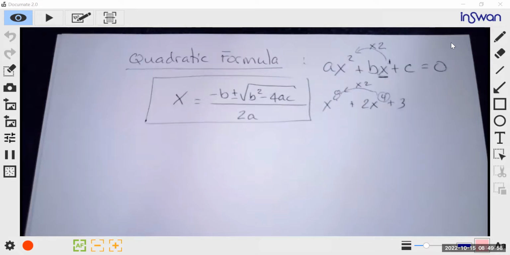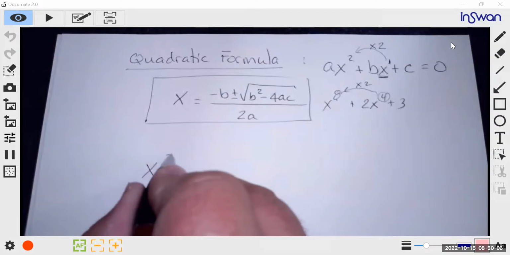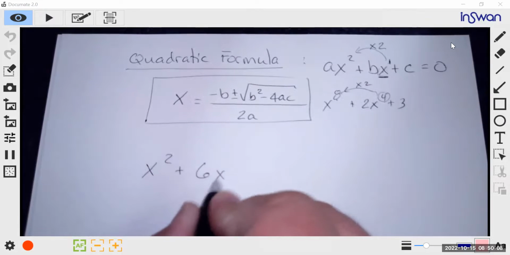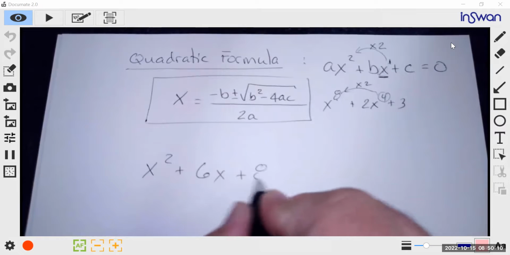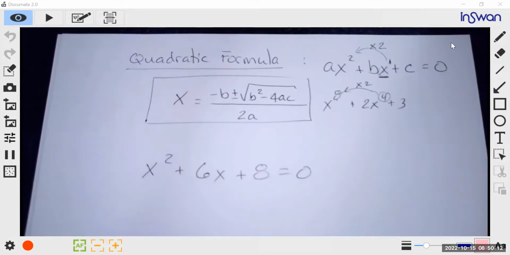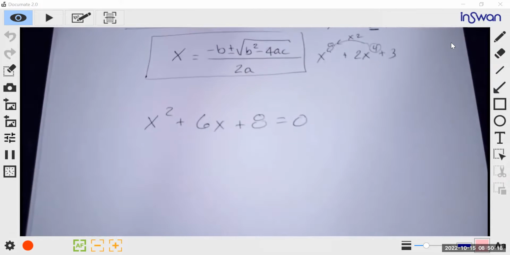And if you're only asked to find the x-intercepts, this is the easiest formula, but it's always going to work. The factoring only works if it's easily factorable. With complete the square, if you have a middle term that's an odd number, then you have fractions, because you have to do b over 2 squared.